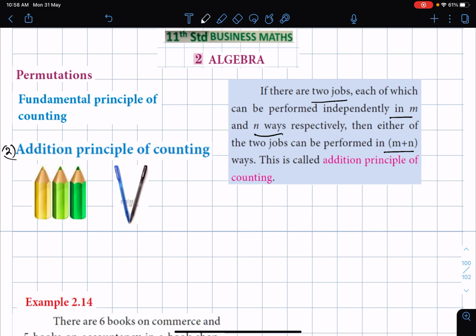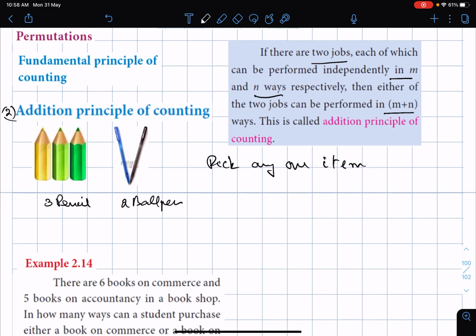Now I'll explain it with an example. We have 3 pencils and 2 ball pens. Now our question is, pick any one item. So how are we going to do that? Let these be P1, P2, P3, and this one B1 and this one B2.